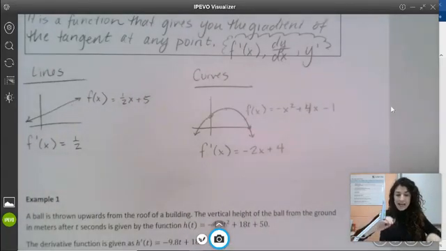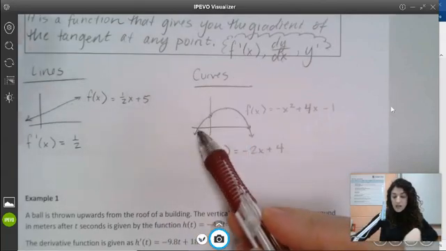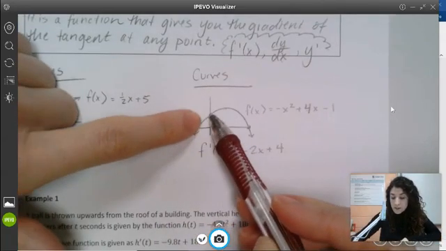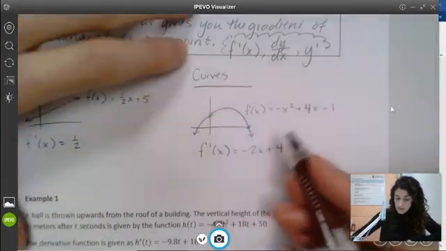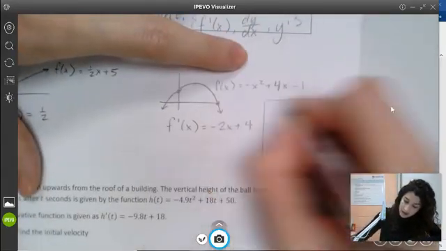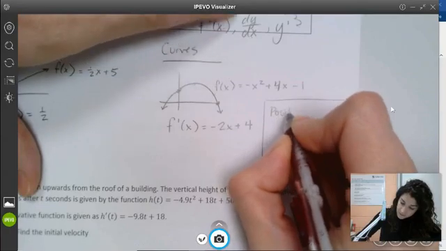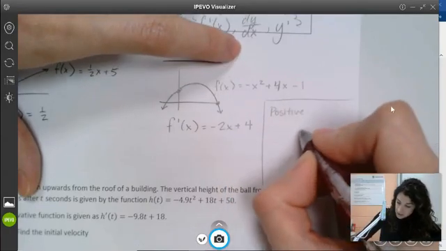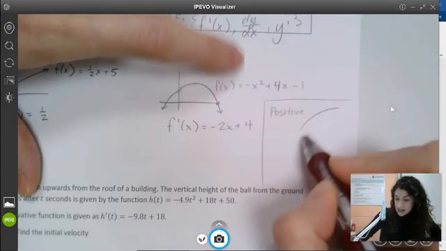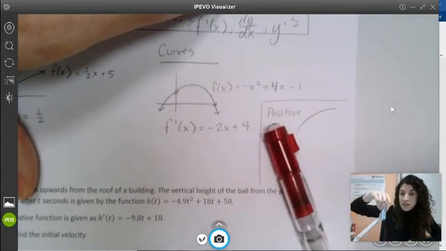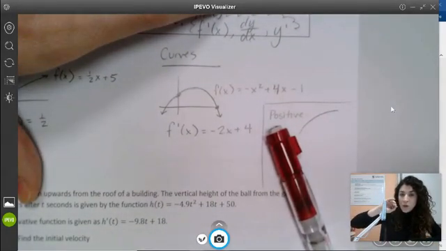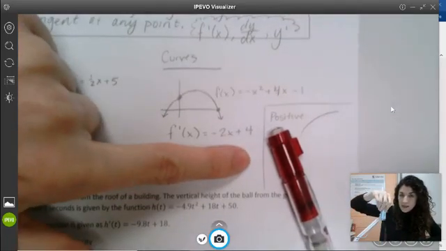Derivatives are just the gradient of a tangent line, and they're really important for knowing when the slope of this function is positive, when it is 0, and when it is negative. Positive would be something that looks like this at any point. It doesn't have to be a line, it doesn't have to be straight, but anything that's just going up at any point.